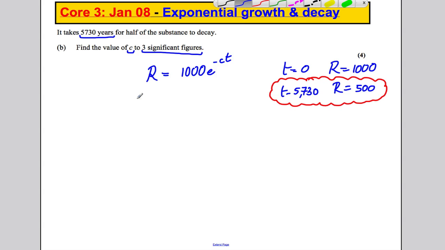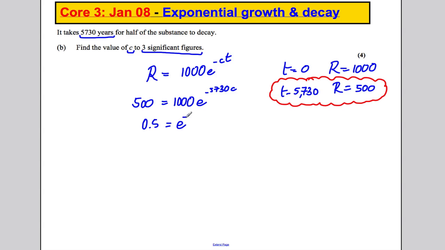So we know that 500 must be equal to 1000 e to the negative 5730 times C. That's substituting t is 5730. Divide both sides by 1000, so 0.5 is equal to e to the negative 5730 times c. Taking lns of both sides and bringing down the power, ln of 0.5 would be negative 5730c.